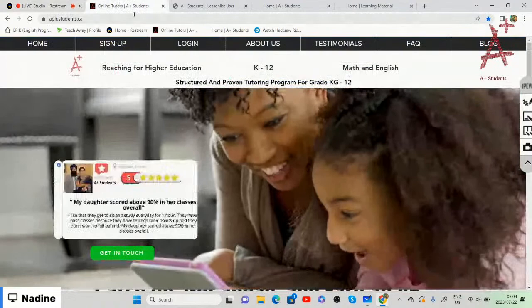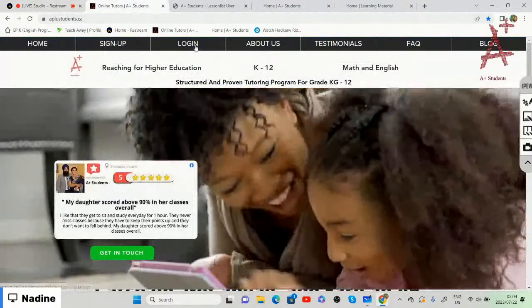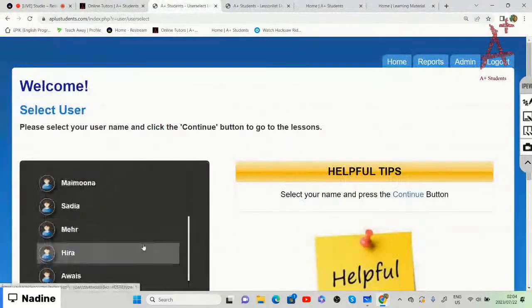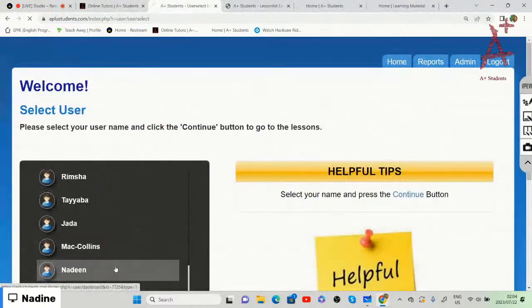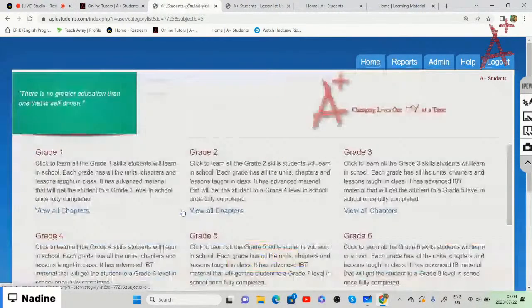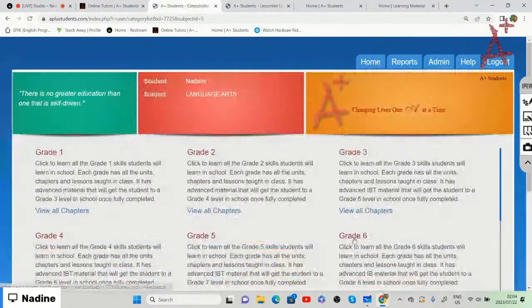You're going to log in with your username as well as your password, and then you're going to select the subject of language arts. So language arts being English, grade 6.